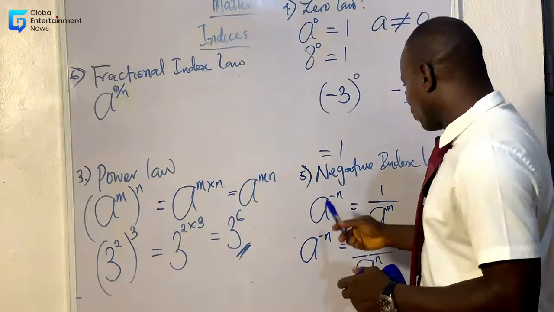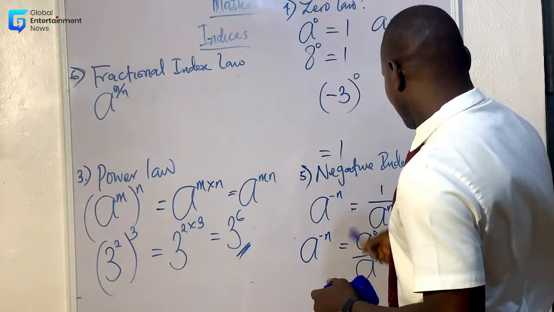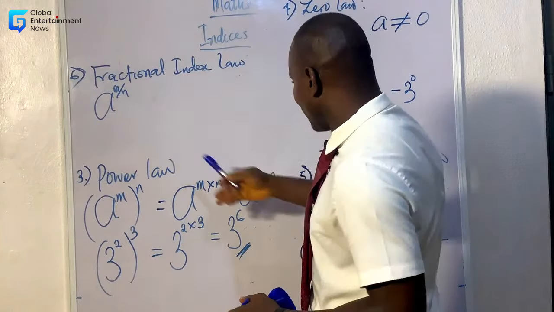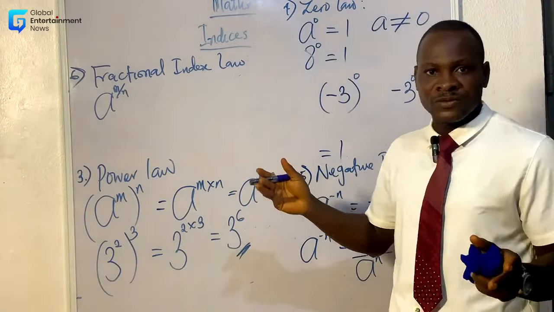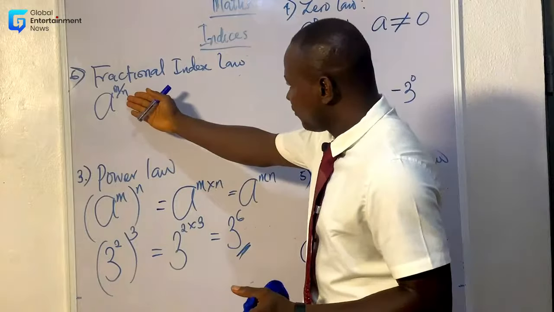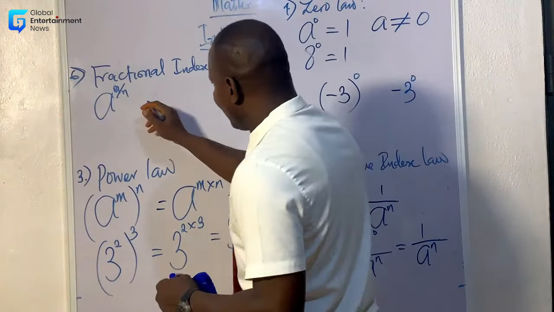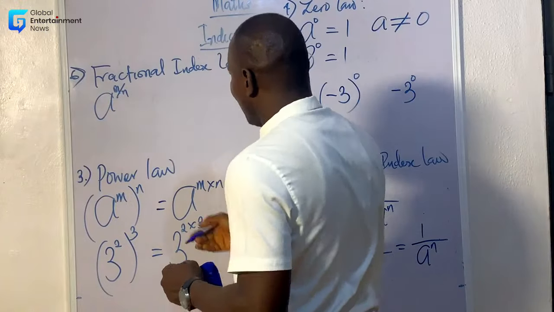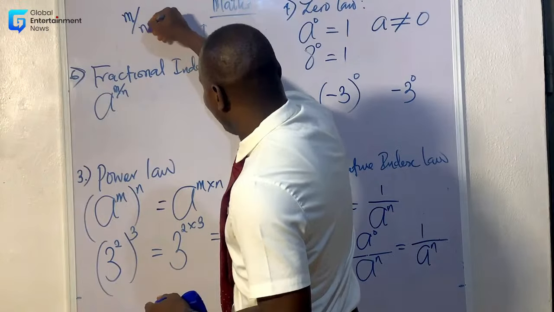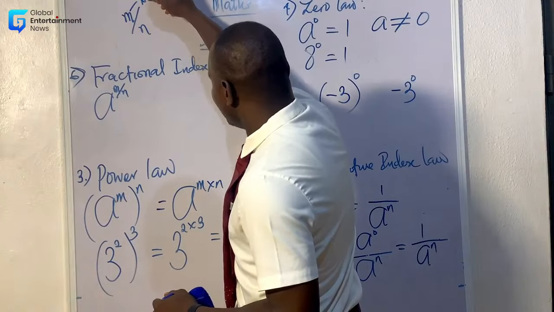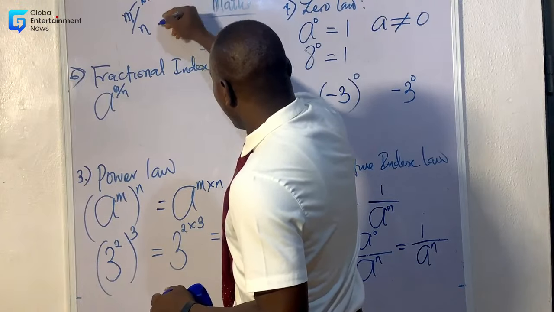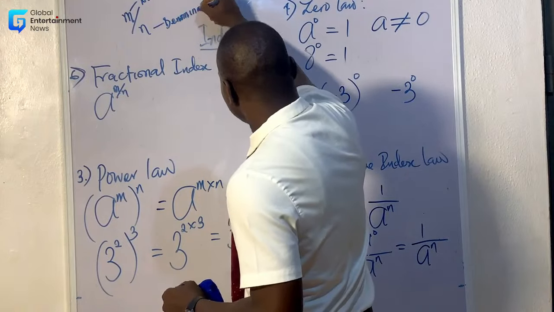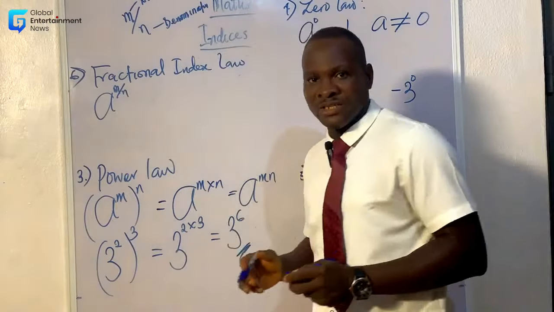If you look at this one, you are going to see that it's a little bit different. We don't have any fraction from the inception. So what we have here is a raised to power m all over n. And if you could remember, this m all over n, this one is called the numerator, while this one is called the denominator.